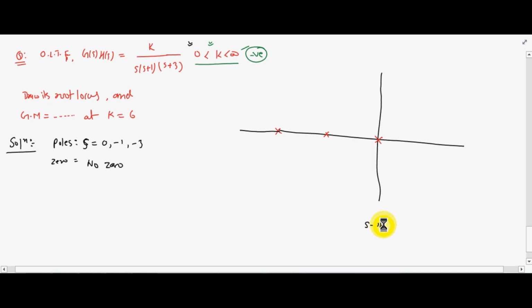Always remember that this is the sigma plus j omega plane. We know that s is equal to sigma plus j omega, which means this is the real part and this is the imaginary part. Now these are the poles: this is s equal to 0, this is s equal to -1, and this is s equal to -3.